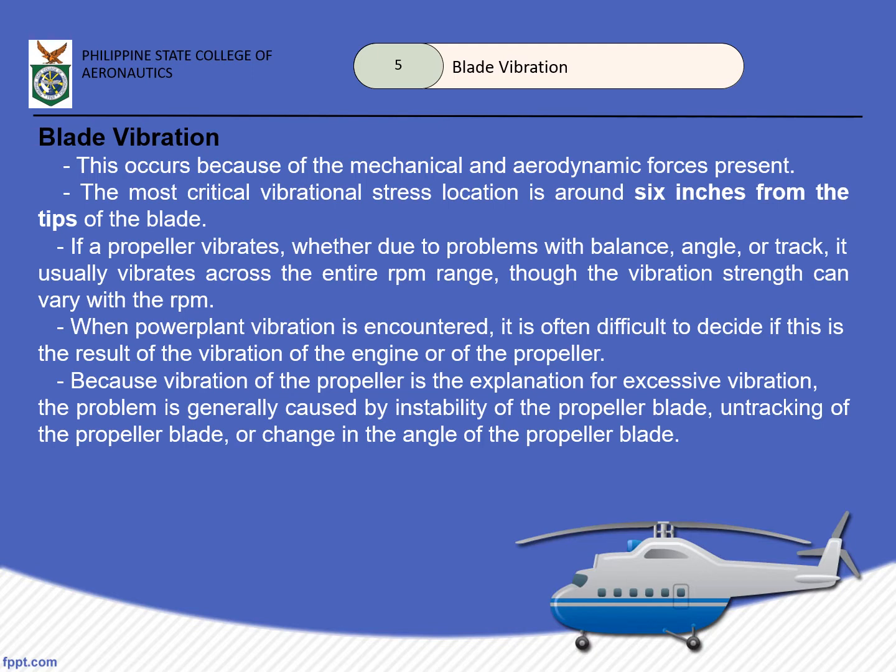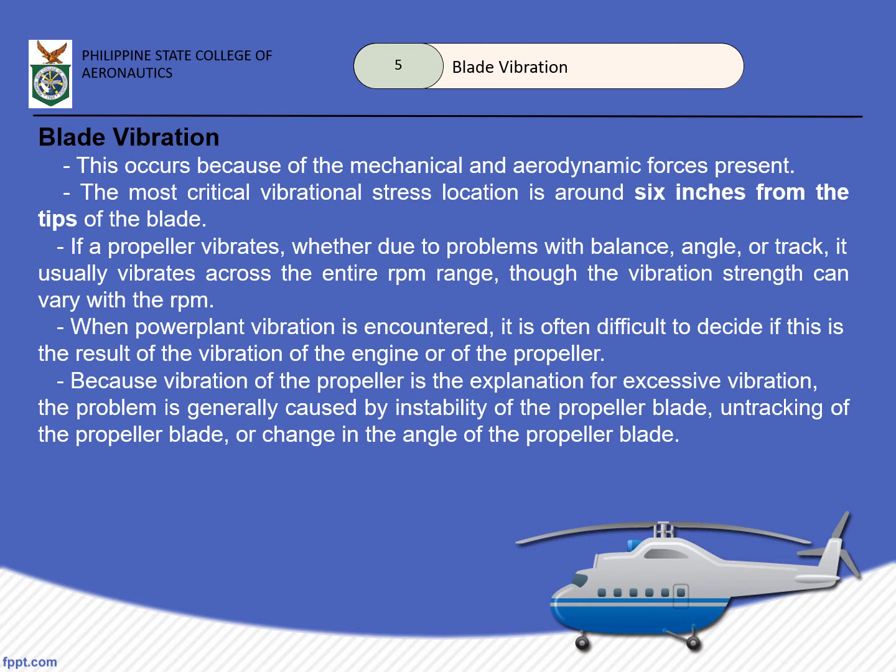So this mechanical vibration naman is brought on by the power pulses in a piston engine. And this mechanical vibration is more destructive kasi it can eventually lead to what? Structural failure. Now, the second bullet, the most critical vibrational stress location is around 6 inches from the tips of the blade.